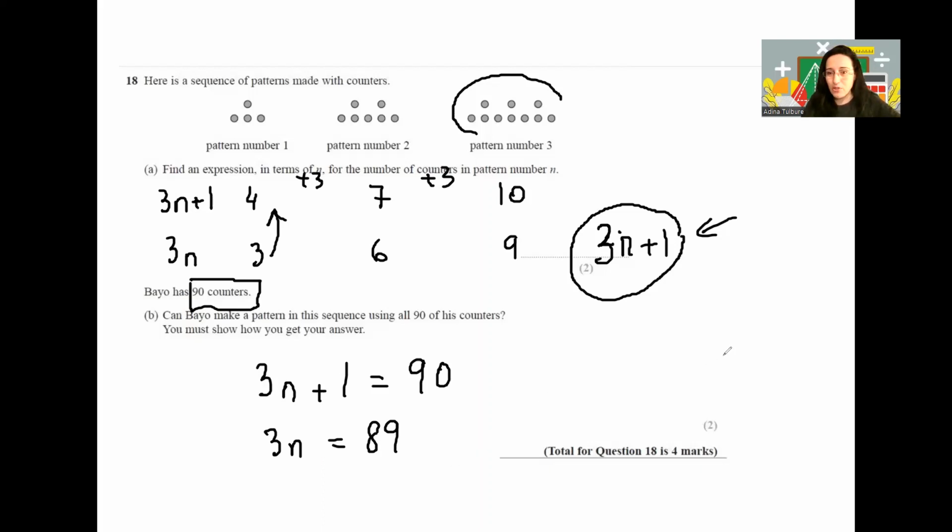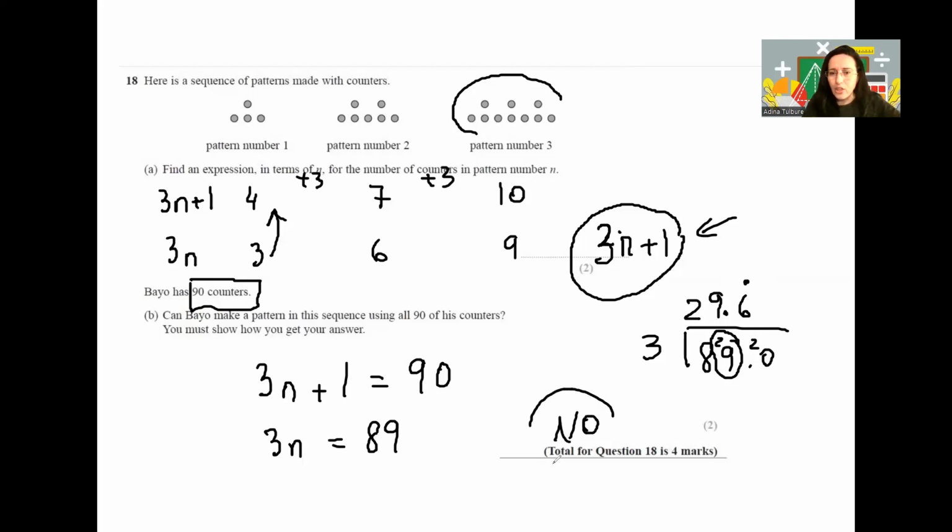No. Let me show you. 89 divided by 3. 3 goes into 8 twice. Remainder 2. 3 goes into 29 9 times. Remainder 2. So we are going to go into the decimals now. So 3 goes into 26 times, remainder 2, and we will keep going like that. That's a recurring number, okay? Right, so no.